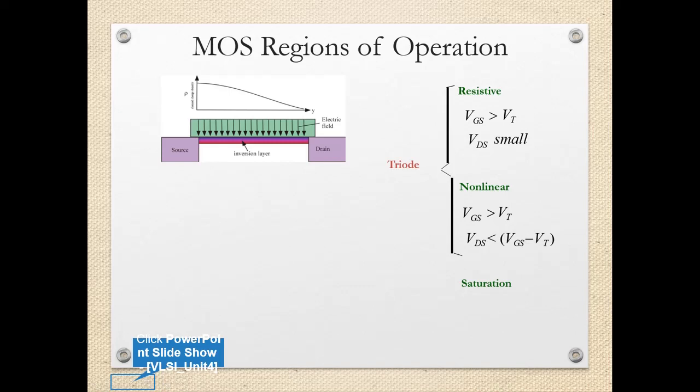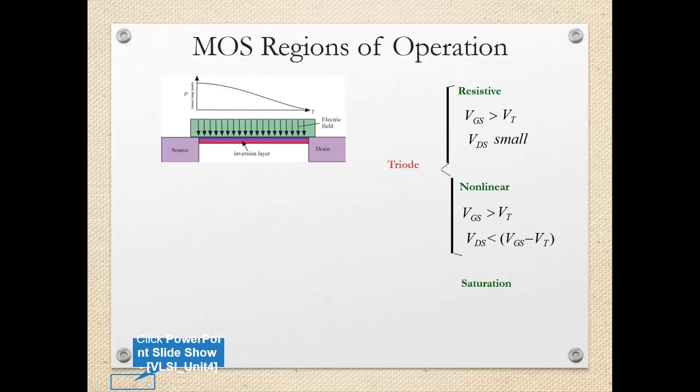So for this resistive operation, the source to body voltage, that is VSB, is kept 0, and VGS, that is the voltage between gate and source, is greater than VT, where VT is the threshold voltage for a particular device. So in further slides we'll see more details about this VT, that is a threshold voltage.